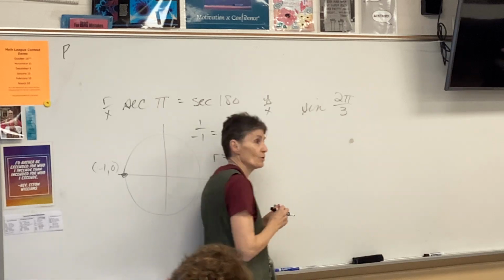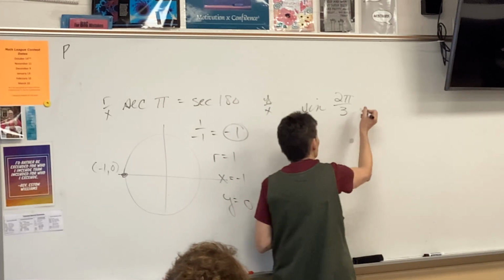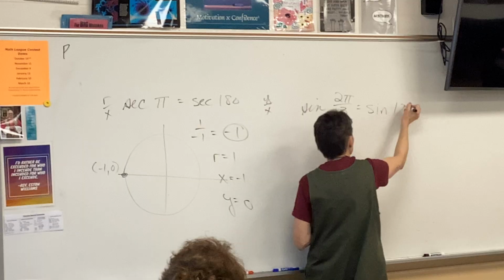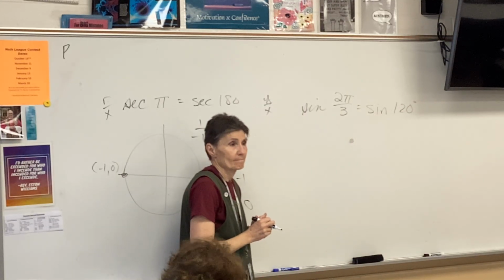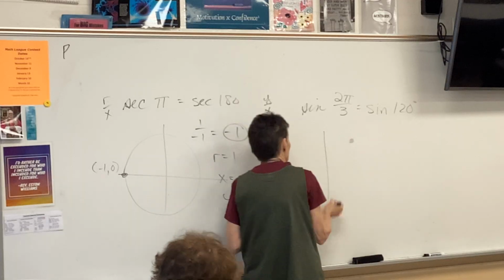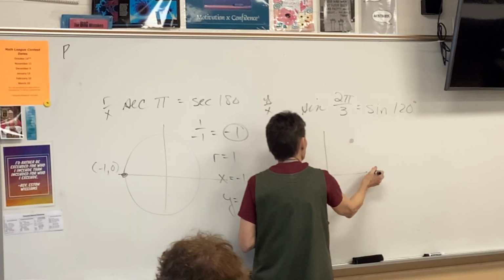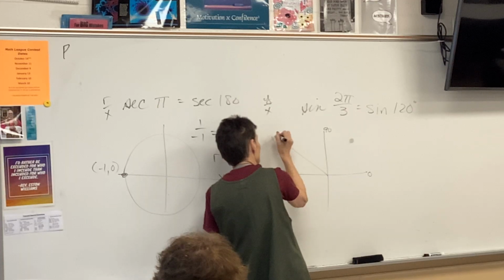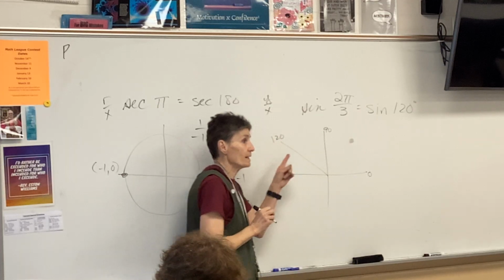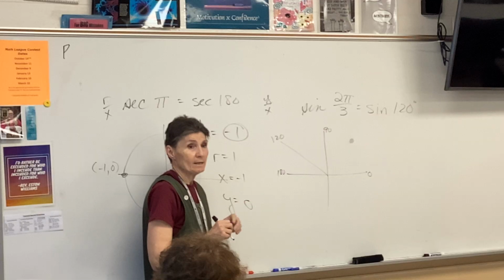Change it to degrees so you know where to graph it. So 2 pi over 3 is 120. Where is 120? Between 90 and 180.